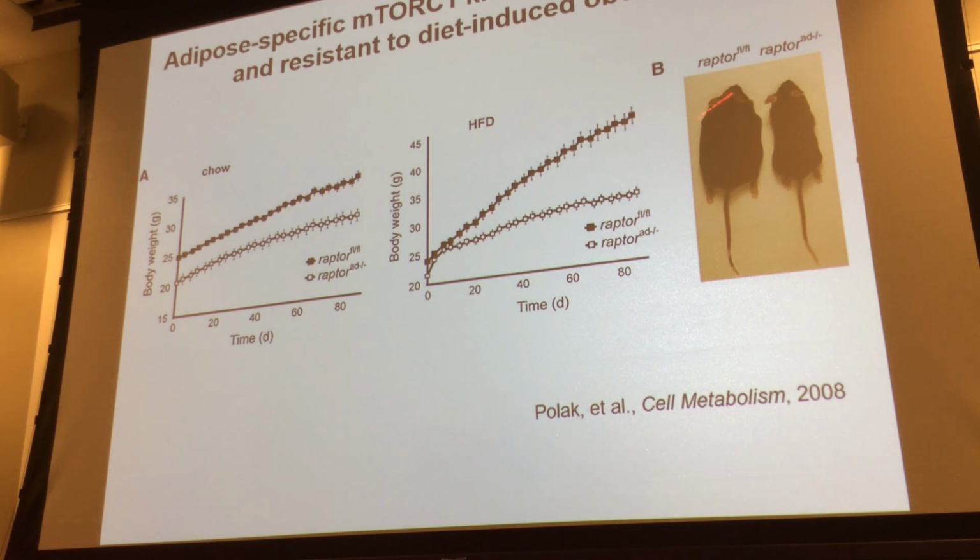You can appreciate that this is wild type, I believe after the HFD, and this is the knockout. You see how thin the mouse is. Again, this highlights the importance of this pathway in the growth and also in the metabolism.